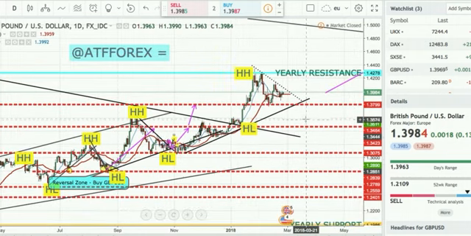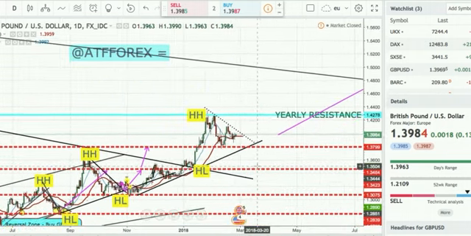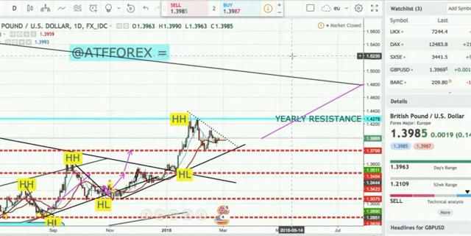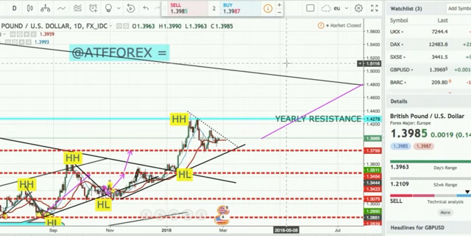The GBP pair has been doing quite well on this bullish trend, heading up to what I see as definitely 1.42 in sight in the next coming weeks, and also ultimately heading up to around 1.55 or 1.50 towards the back end of 2018.